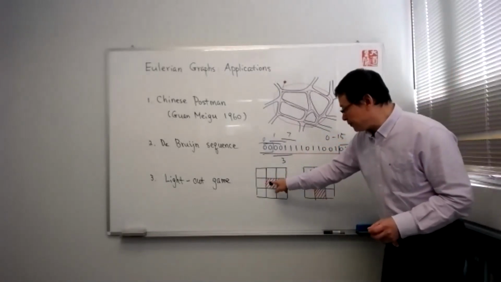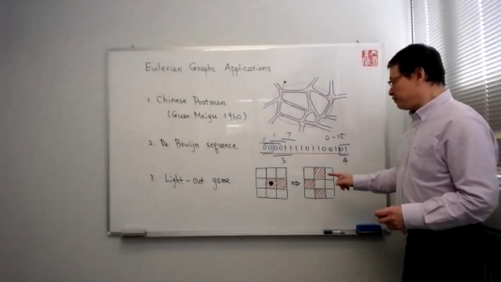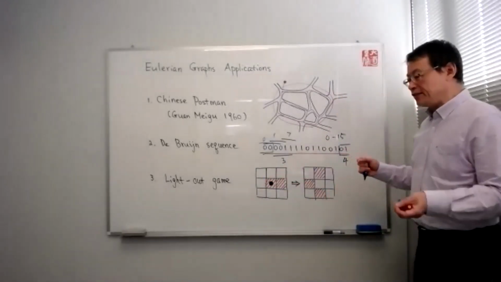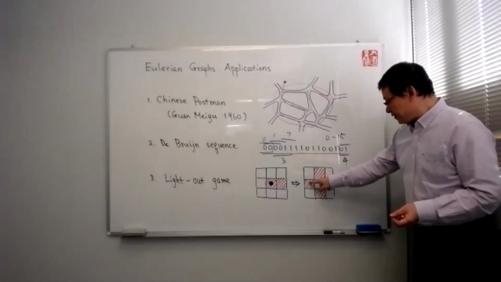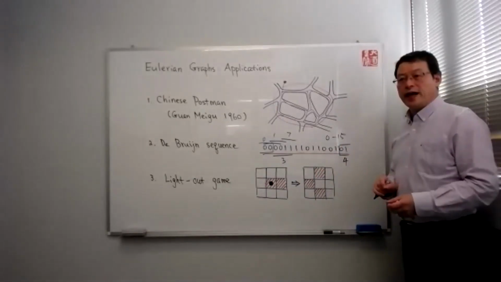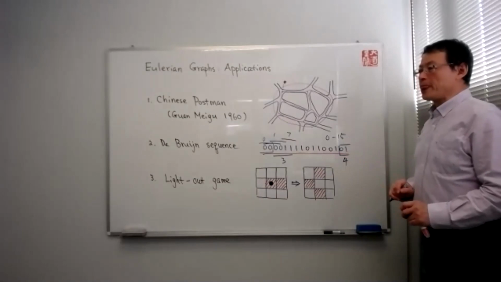For example, let's push this button, so this one will become off. Other than that, there are 4 neighboring squares, and the lights of these 4 neighboring squares will also change. So these 3 become on and this one becomes off. I will show you this game a bit later, when we discuss the details.